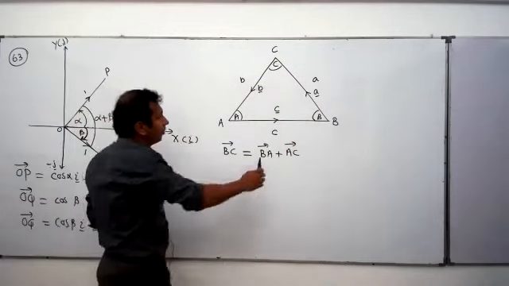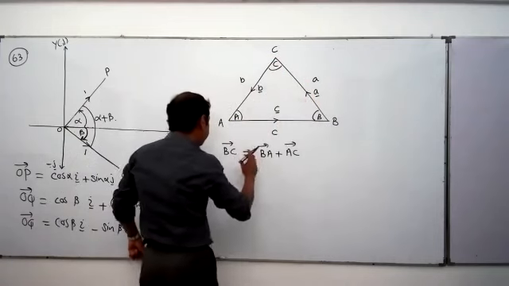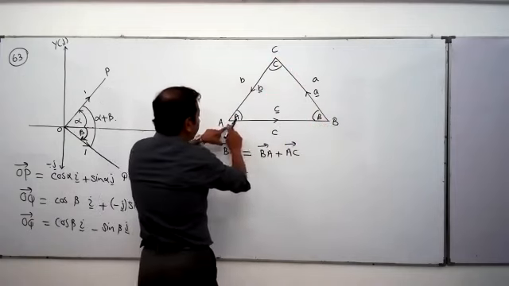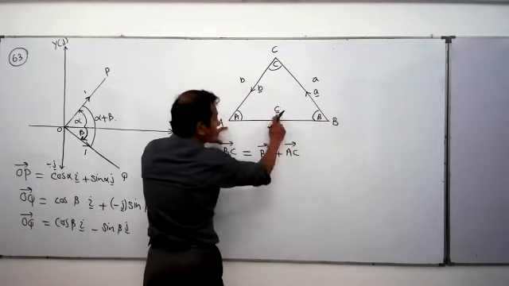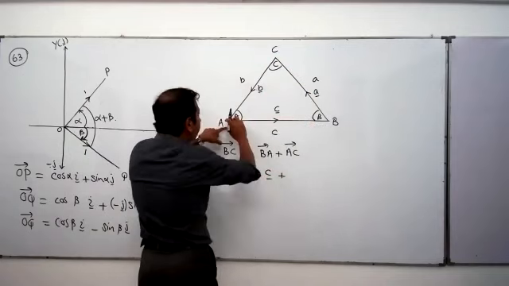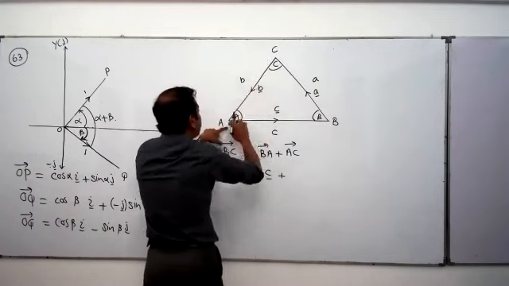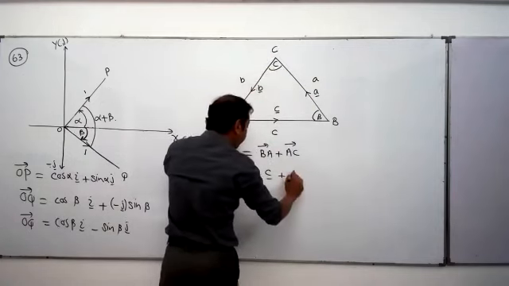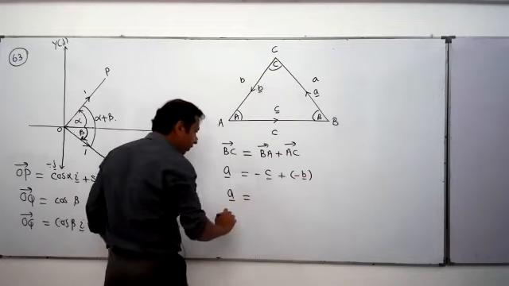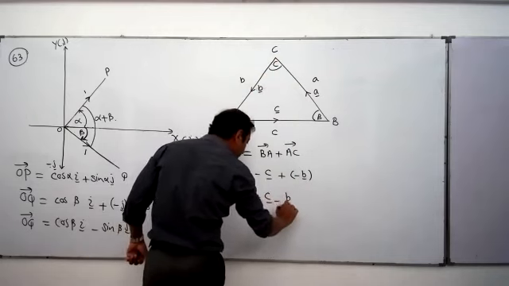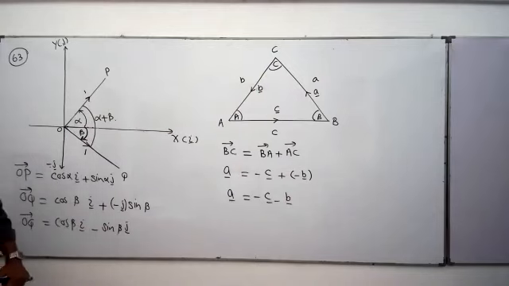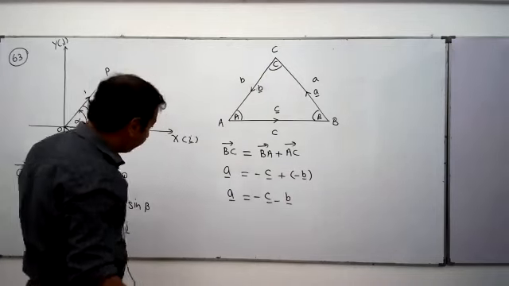Now BC vector only, people, we have simple A vector. BA vector, CB... the vector is C, then BA vector is minus C. AC vector, CA vector is B, then AC vector is minus B. This way we have. Then we have A vector is equal to minus C minus B. This way we have.